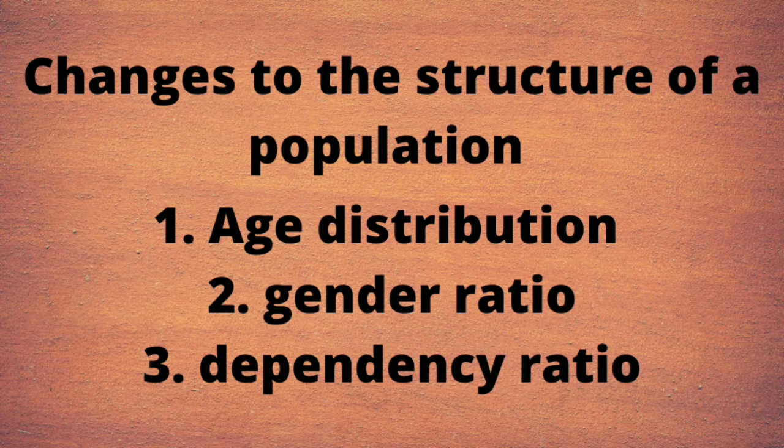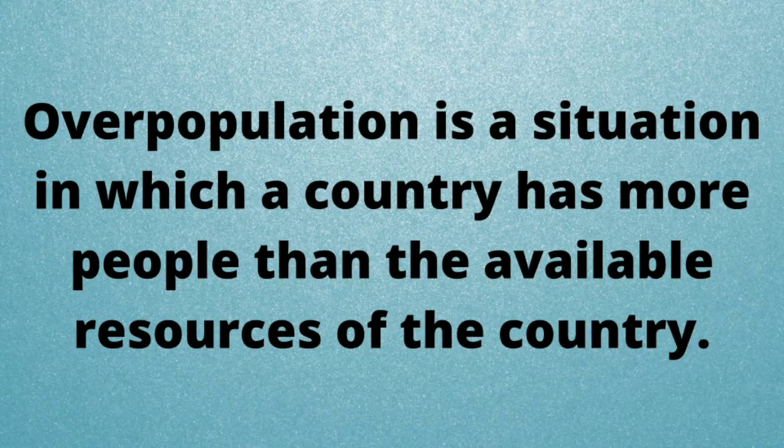Alright, so first of all, we are going to be looking at the factors that cause the population to change in size. Now, as we mentioned earlier, the population may either increase or it may also decrease.